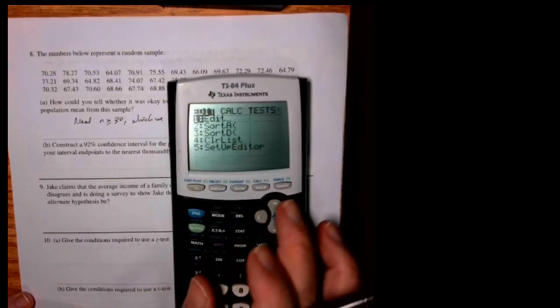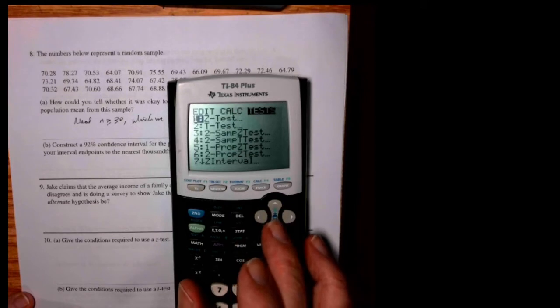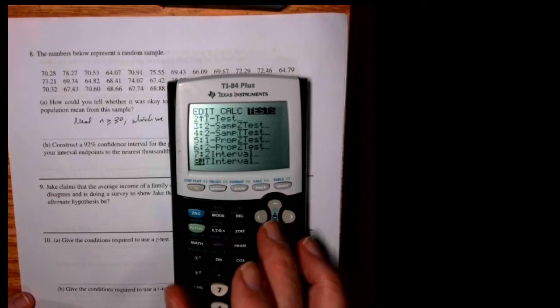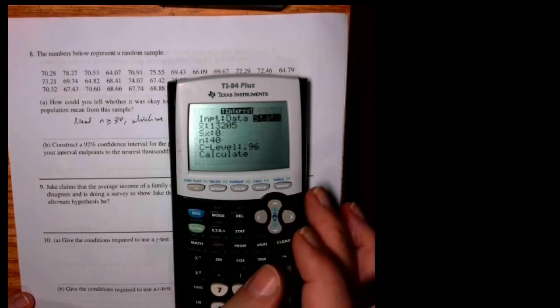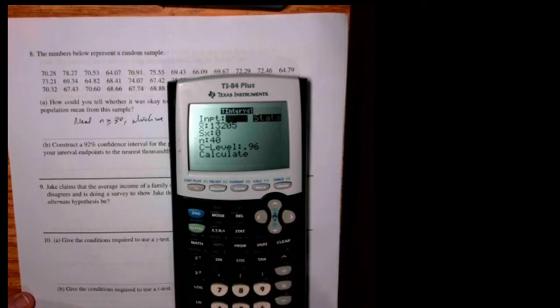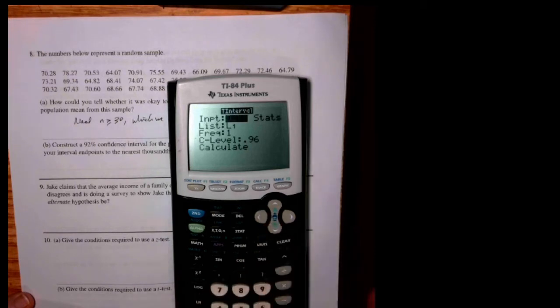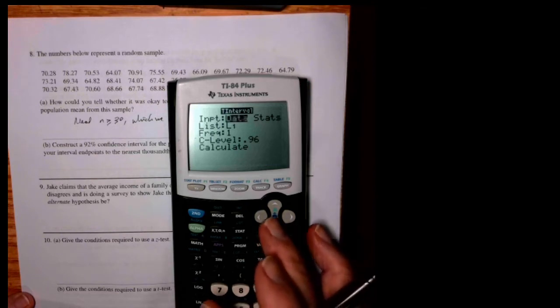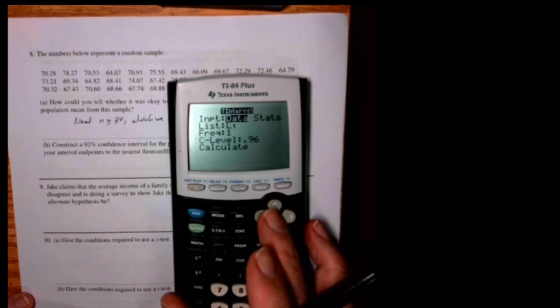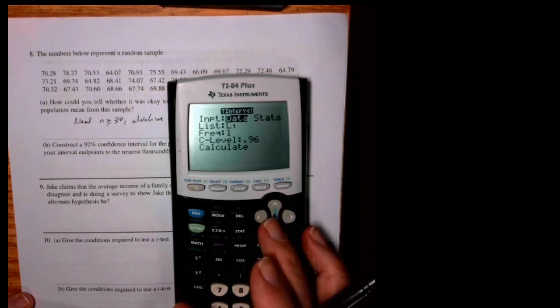So we're going to go to stat, over to tests, and then down to t interval, which is number 8 down there. We're going to do a t interval from data. So I'm going to switch this over to data and press enter. And when you do something from data, all the stuff you need, except for your confidence level, is going to be computed for you from the data. So all you have to do is go down and set the confidence level. Notice that list is set on L1. It has to be if your data is in list L1, as it should be.